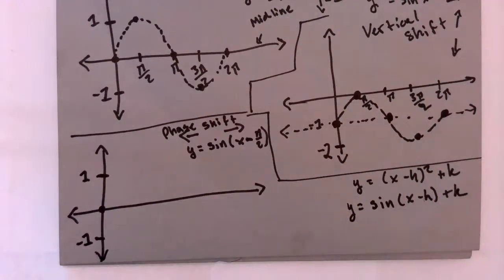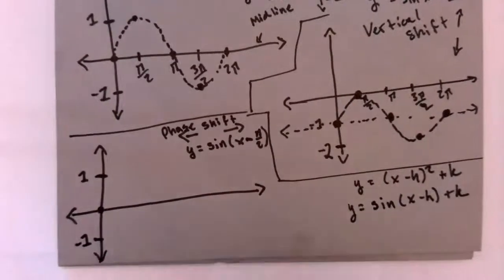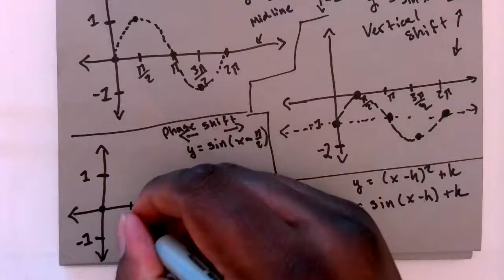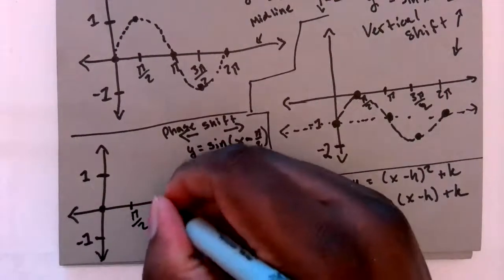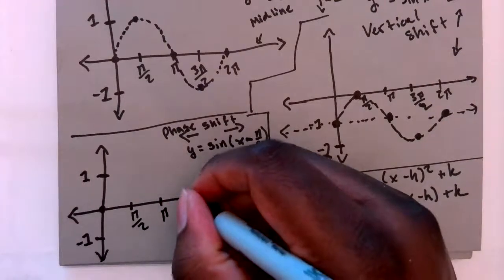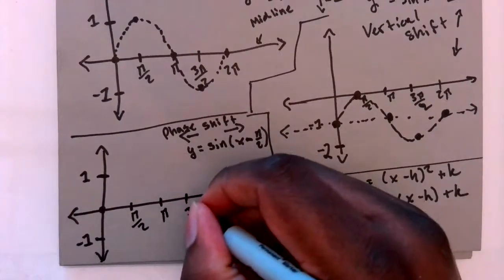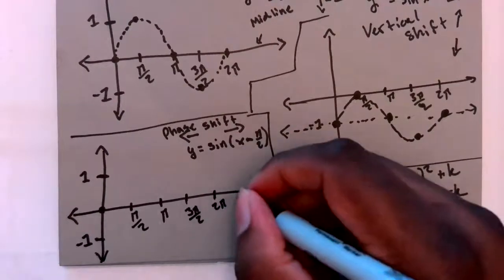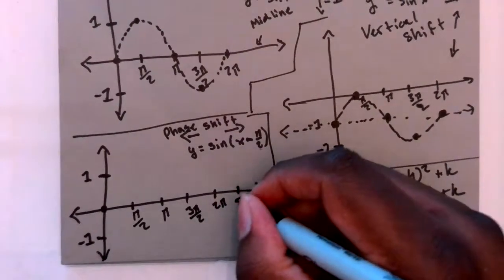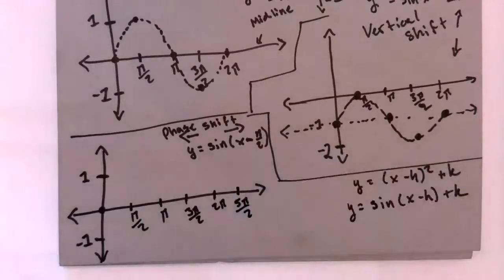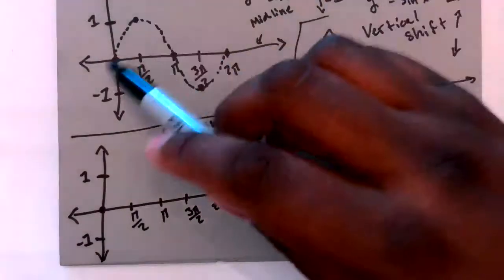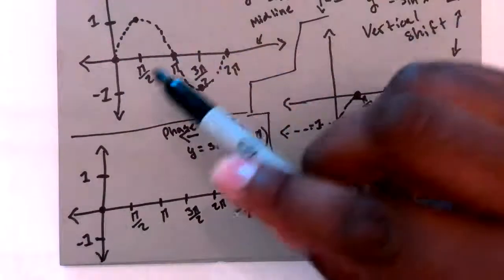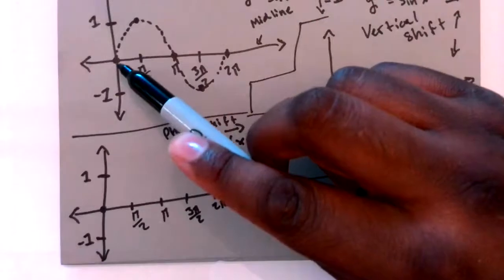So let's take a look. What in the world would this thing look like? We have pi over 2, pi, 3 pi over 2, 2 pi. And I'm going to go one step further. I'm going to put 5 pi over 2 on here too. I'll explain why in a minute. Now, on our regular sine graph, we start at 0, 0, right?